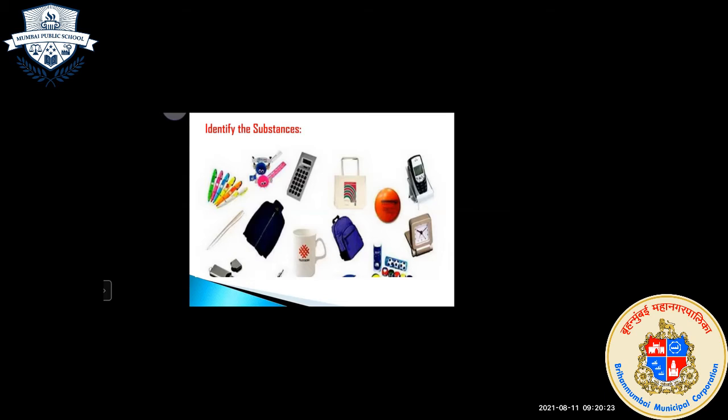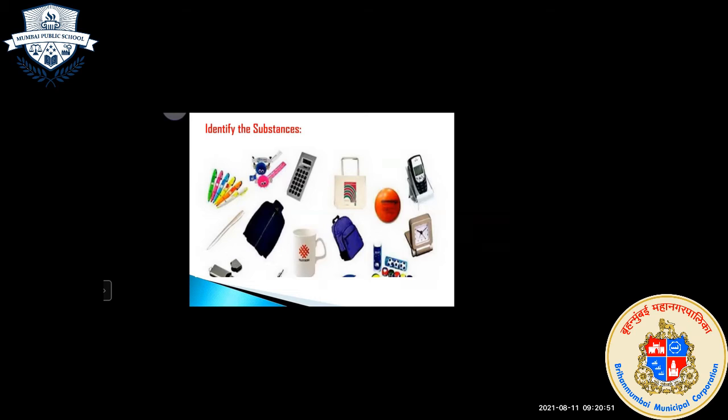Very good, Pushkar. Well done. Now, same way, bag is made up of leather, right? Leather. Yes, but here I can see that this bag is made up of cloth. Leather bags are also available, I know, but here it's made up of cloth.